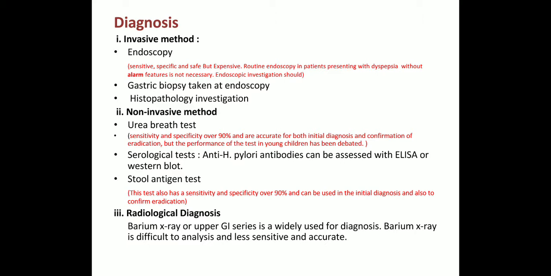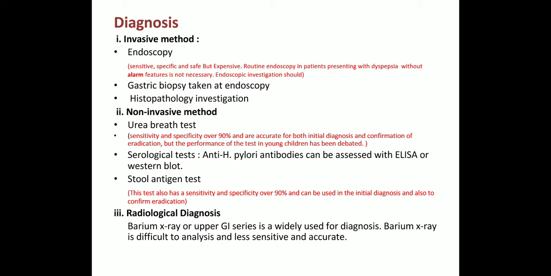Generally, C13 labeled urea will be administered to the patient, and if H. pylori is present in the gut, it will cause splitting of the carbon 13 labeled urea into CO2 as well as ammonia, and the C13 labeled CO2 will be exhaled, which can be detected.